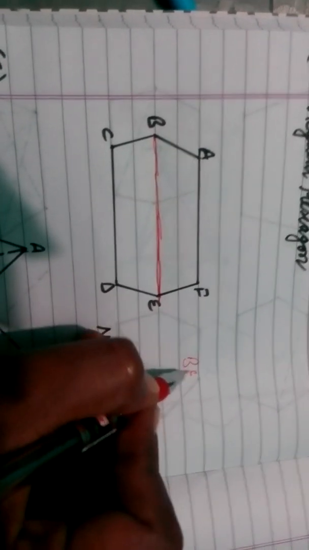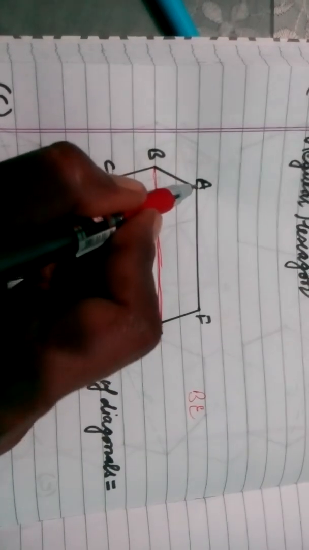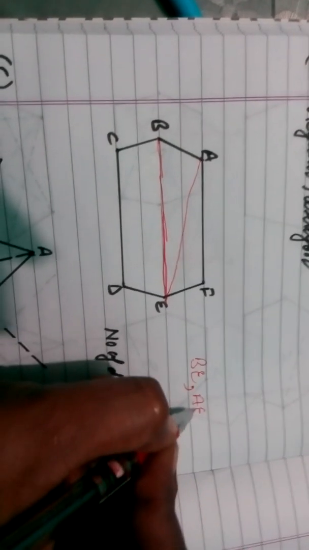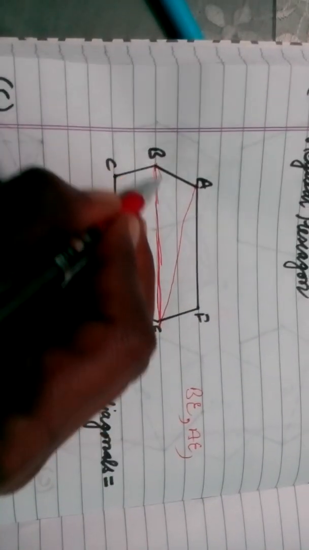Now let us move towards part B, regular hexagon. Here you can see that this hexagon is made up of two quadrilaterals. Firstly, when I join this diagonal, this will be the first diagonal, BE. Second will be AE, and third will be BF.